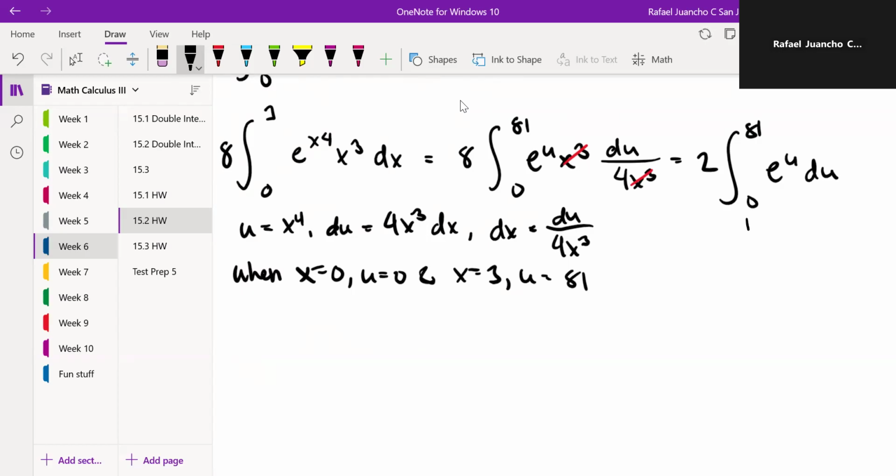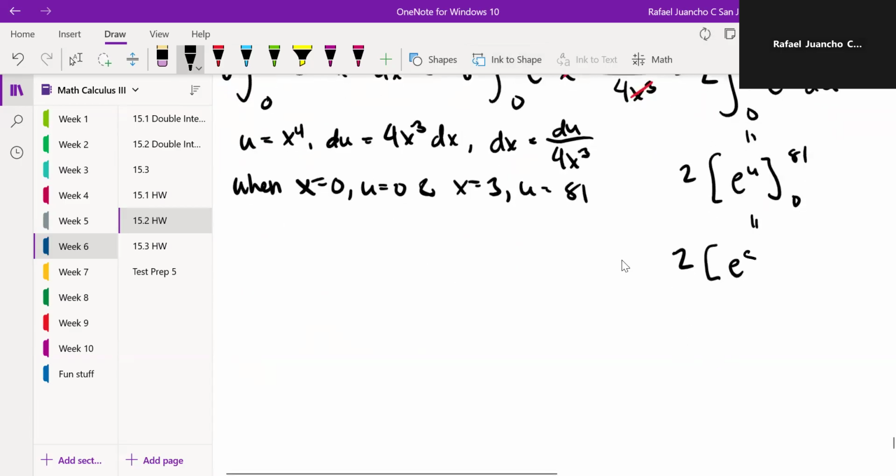And then from there, I get to integrate this thing. I think this is just e to the 81 minus 1, because e to the 0 is just 1. That's my answer.